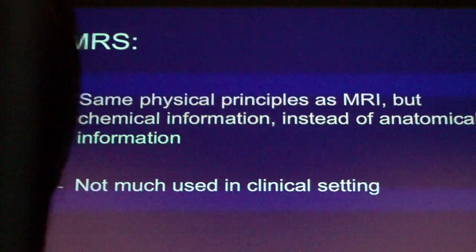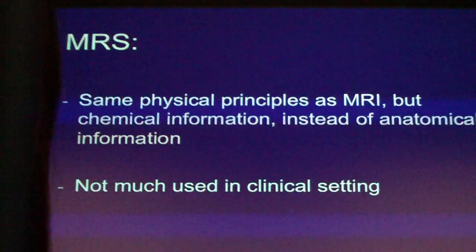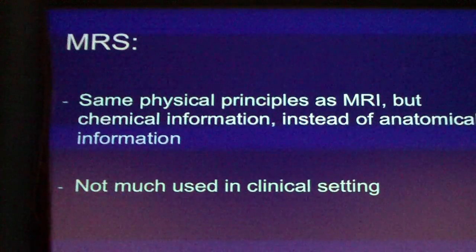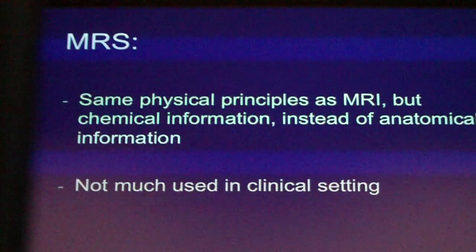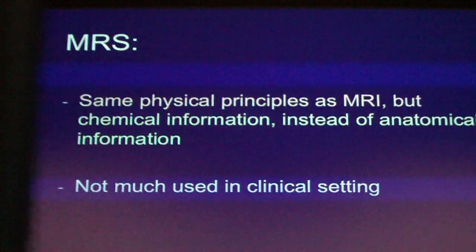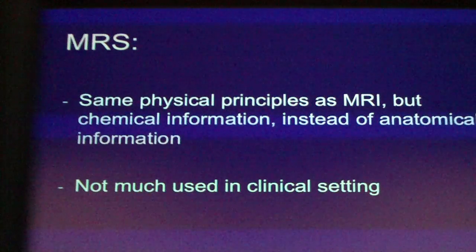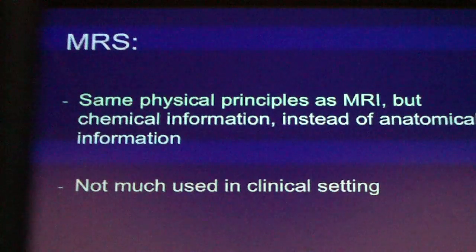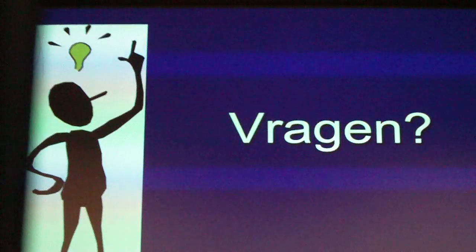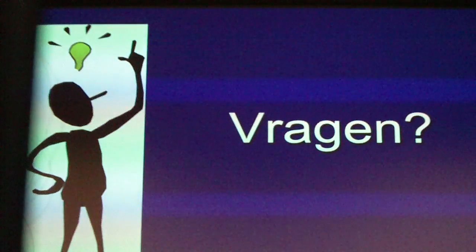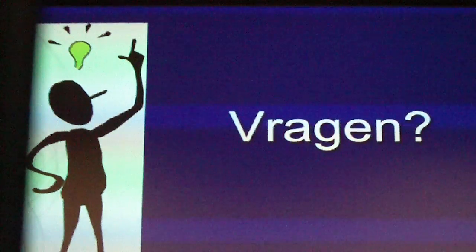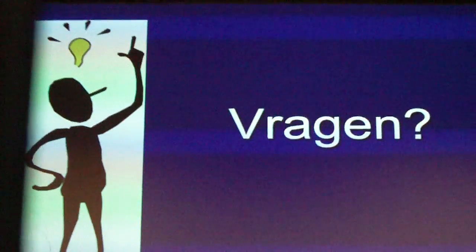With MRS, we can actually measure concentrations of different metabolites. And it's possible for different nuclei: protons, phosphorus, and carbon. But in the clinical setting, it's not really used. I hope there are a lot of questions.